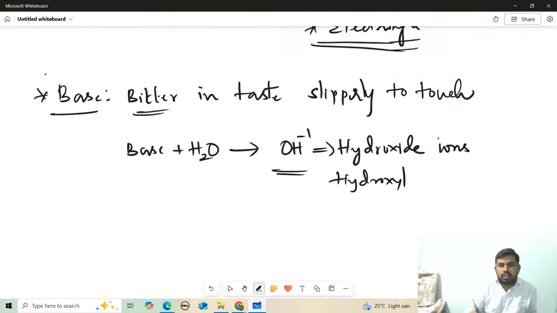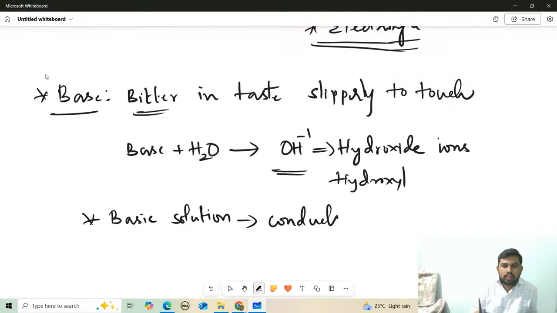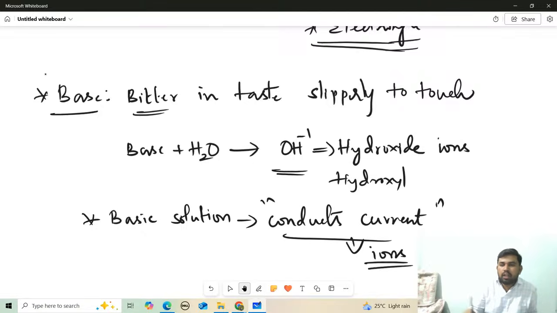This is about bases, and a basic solution also conducts current. Remember this. Solutions mean there will definitely be ions which make the solution conduct electricity. So this is a brief on acids and bases.